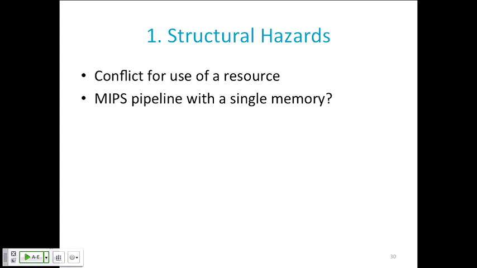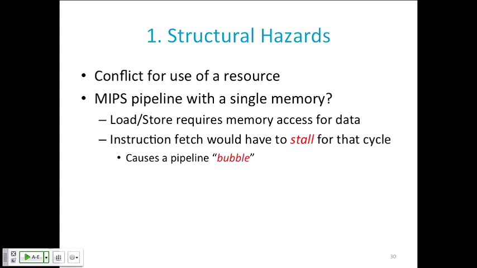So far I've been drawing these as separate, but what if we had only a single memory that we use for both? In this case, it would only be a problem when you had a load or a store instruction in its memory stage wanting to access memory at the same time that another instruction is trying to do instruction fetch.